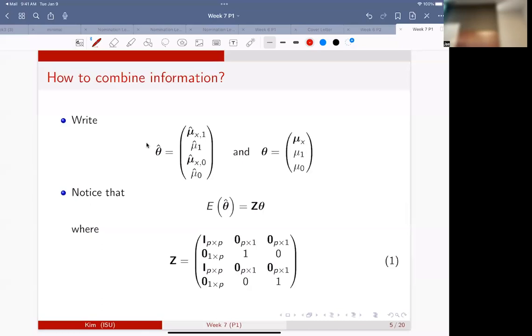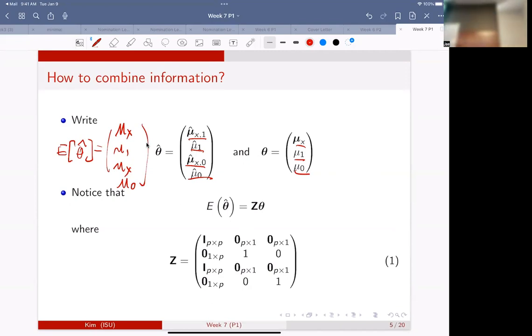So you have 4 random variables, 1, 2, 3, 4, and 3 parameters, 1, 2, 3. Okay. So then how can we connect them? We know, at least we know the expectation easily. So this is the expectation.